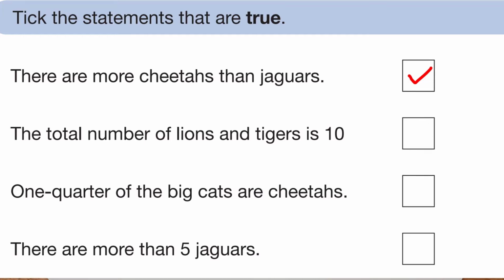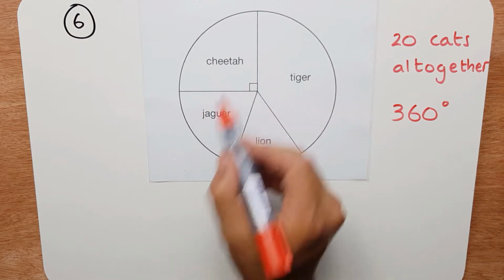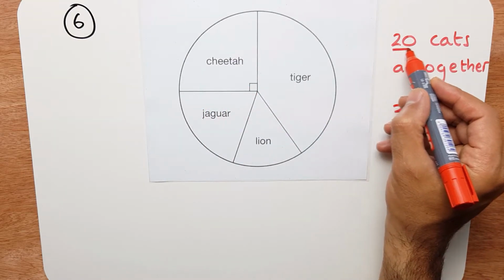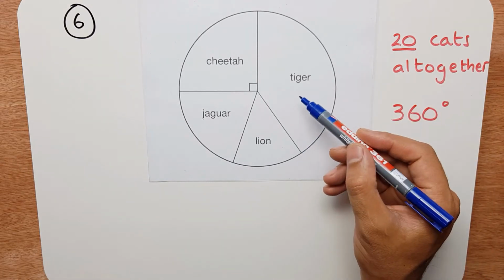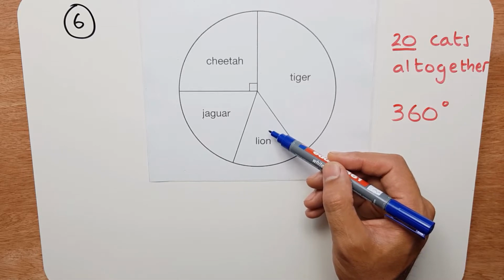The second statement is the total number of lions and tigers is 10. Now this is where we need to look. We know the whole circle is 20. So what I need to do is find out whether a tiger and a lion added together give half a circle.